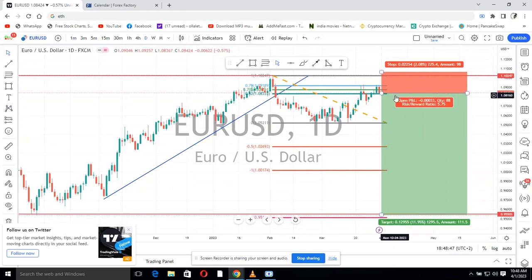If you take a look at this particular setup, it is similar to DSY in opposite direction. This is exactly what we are looking for. We are now expecting price to sell, EURUSD to sell.